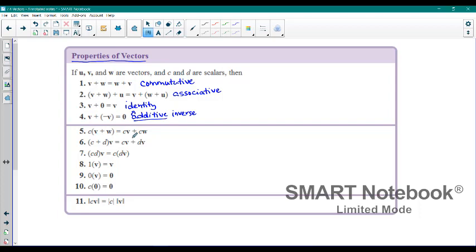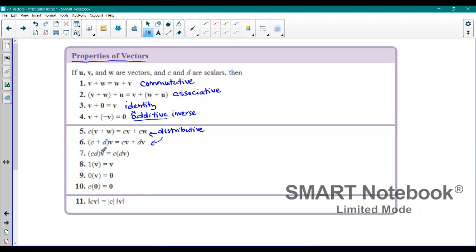Then moving on here, you see your C's and D's coming onto the scene. If you are multiplying a sum times a scalar, you can distribute. So we see the distributive property works with vectors. And here we just see similarly, if you've got instead of two vectors, two scalars, it also works distributively as well.